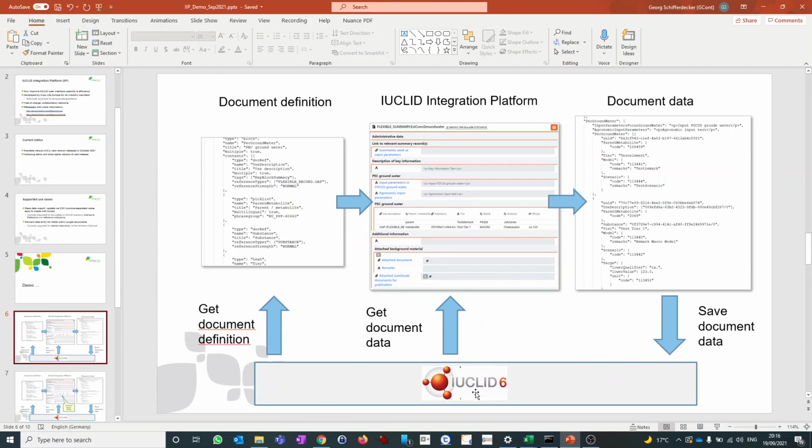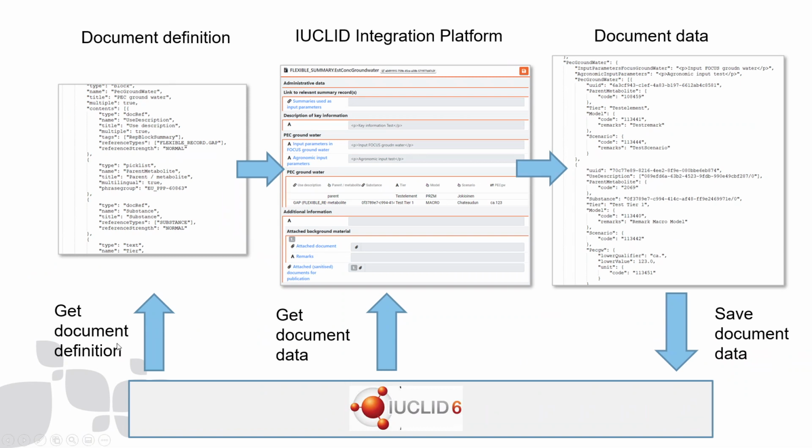So what we do is, from a running IUCLID, we first retrieve the actual document definition automatically. So this is not hard-coded, but we query this. This is a technical construction in a so-called JSON format.